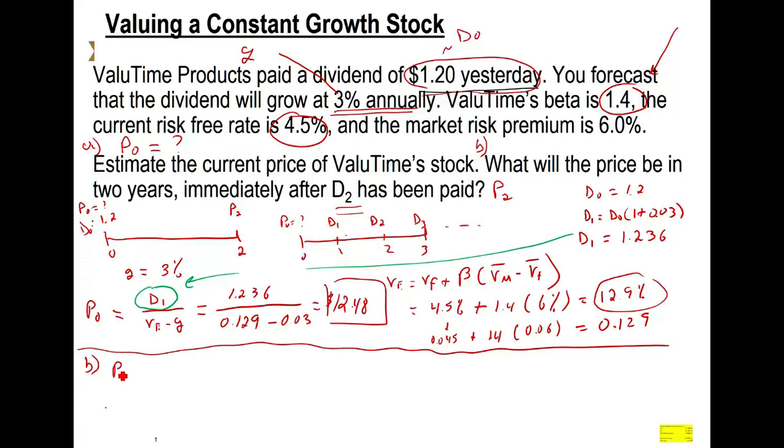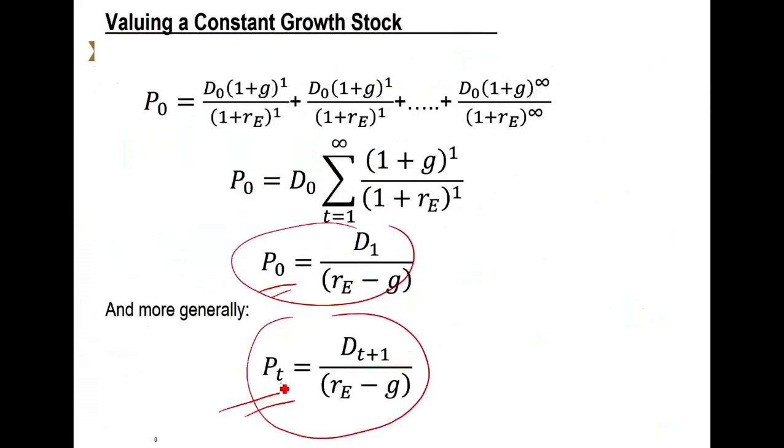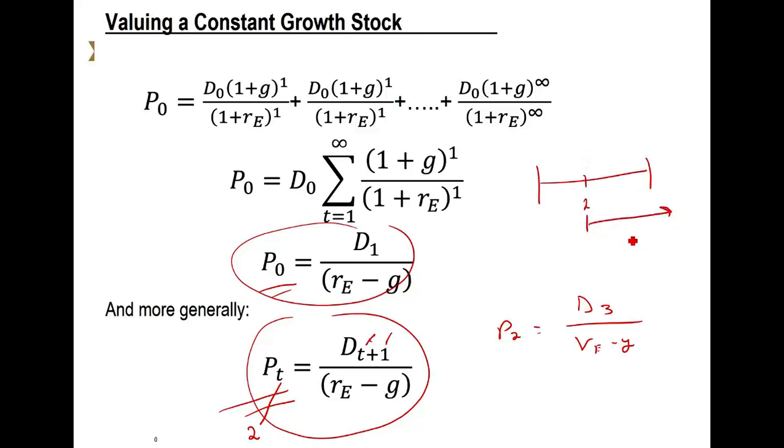So P sub 2 is equal to, remember how it goes? If this is 2, then P sub 2 will be equal to D sub t plus 1, D sub 3, divided by RE minus G. So I'm standing here in year 2, and what I know is that after year 2, growth is also constant.